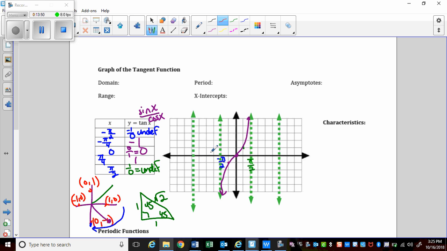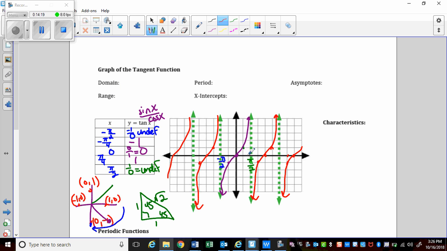It's just going to keep repeating. It goes through these 3 points. And it's going to keep going. These 3 points. So tangent's a little bit different than sine and cosine. Okay, the domain is different.